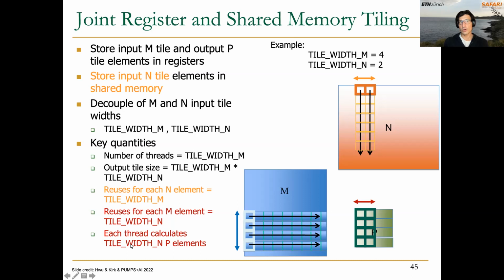So each thread computes tile width N elements of P. Thread 0 computes this element and this element. So in total, 2. This is the basic idea of the joint register and shared memory tiling.